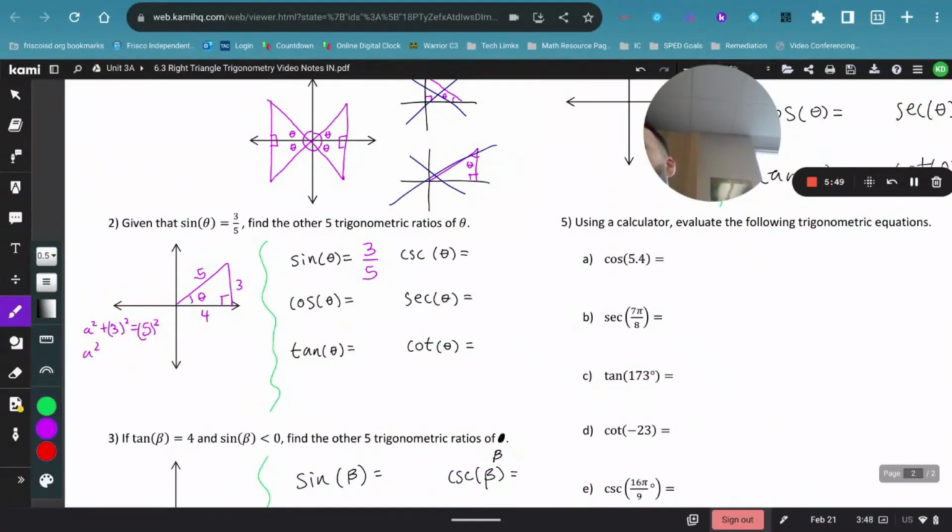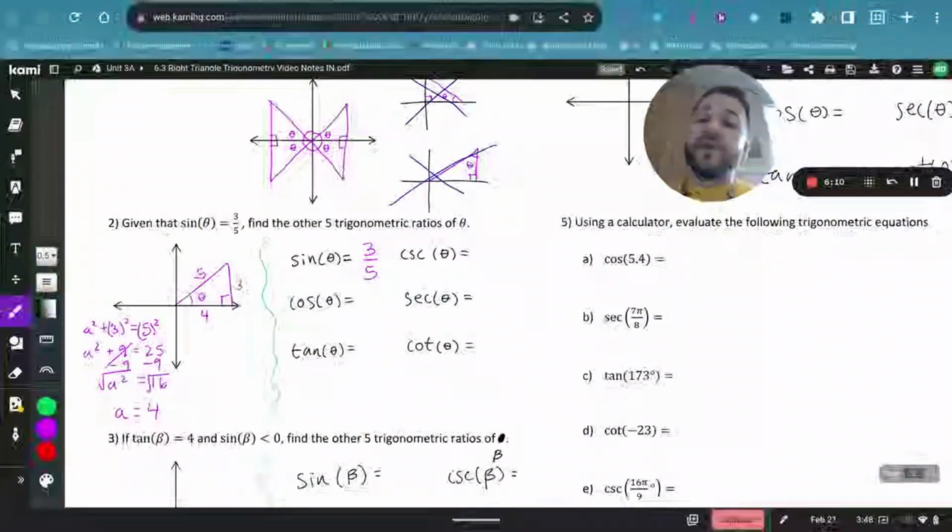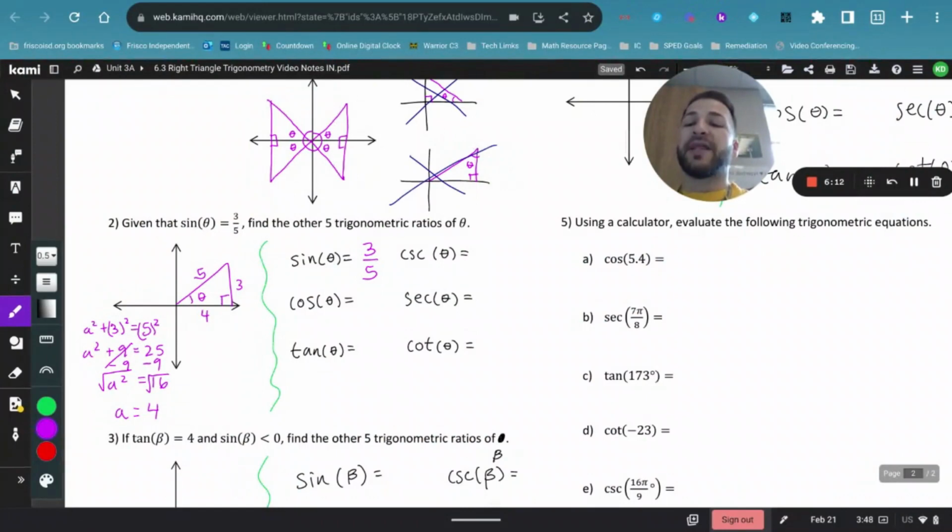So a squared plus 9 is equal to 25, minus 9. We get a squared is equal to 16, square root both sides, and we get a is equal to 4. So if we know our Pythagorean triples, sometimes our sides turn out nice like that. If we don't, it's okay. We can always fall back on the Pythagorean theorem.